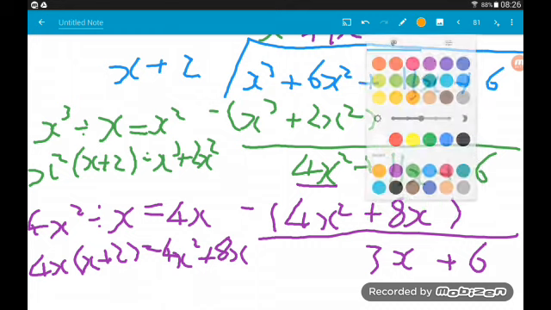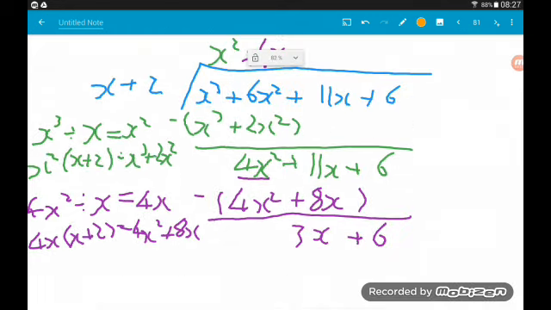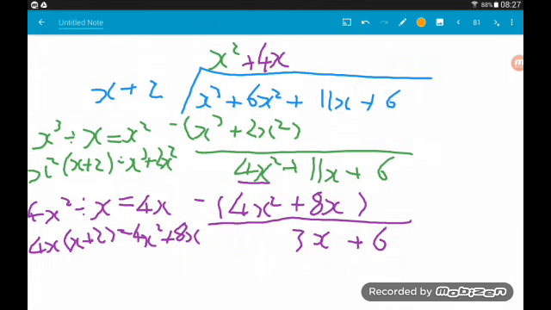Let's go for orange. Okay, so now zoom out a bit so we can see everything. So now we are doing 3x divided by x. Now that gives us 3. So that is the final thing to put up on top of the division sign. Now we've done the division, but we need to check whether or not we get a remainder.